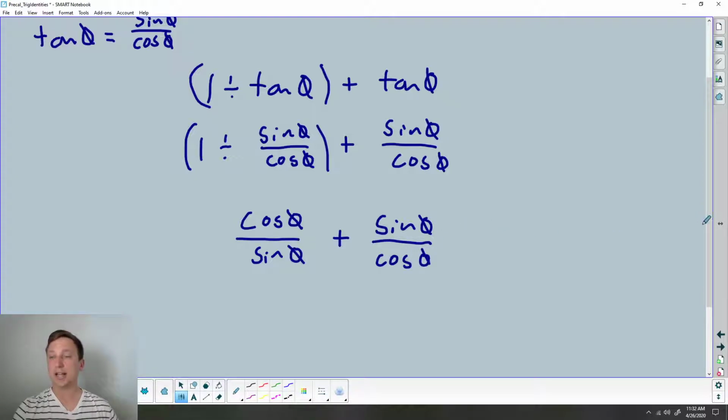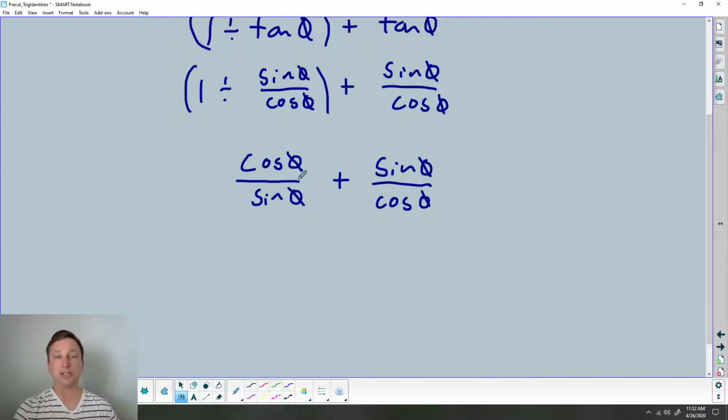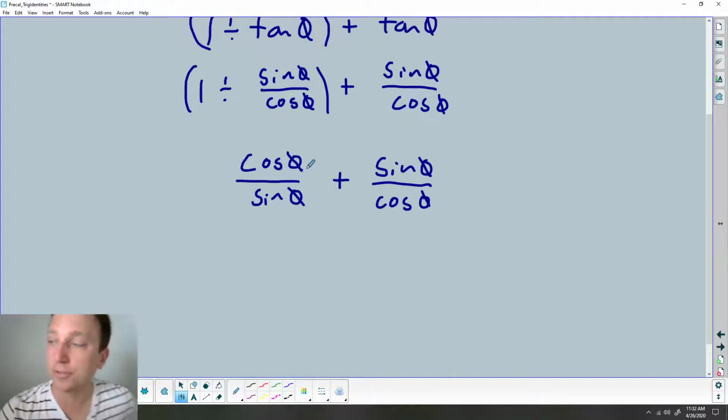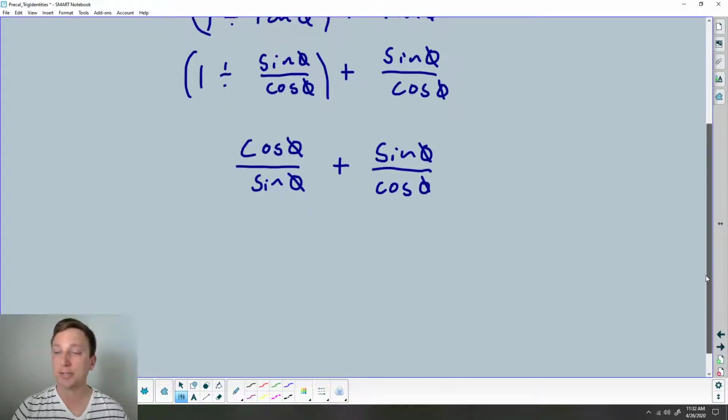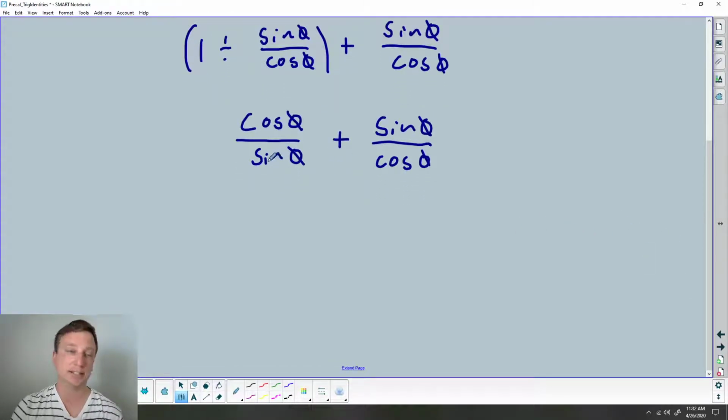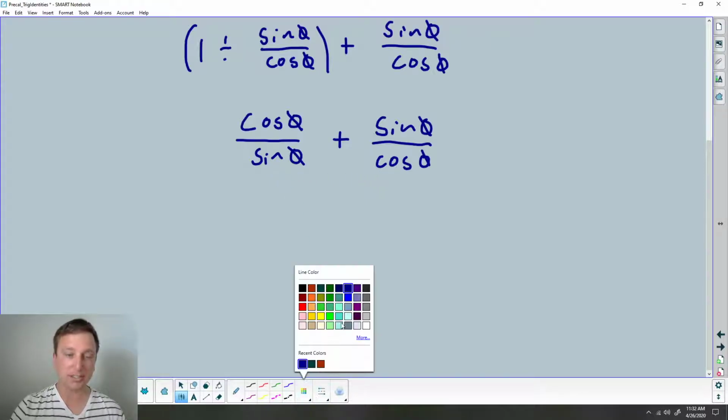So similar to the last problem now, we are adding 2 different expressions or 2 different ratios, and they do not have a common denominator. So we need to introduce that common denominator. So because there's nothing in common between sine theta and cosine theta, well, I want my denominator to be sine theta times cosine theta. So to do that, let's go ahead and change the color.